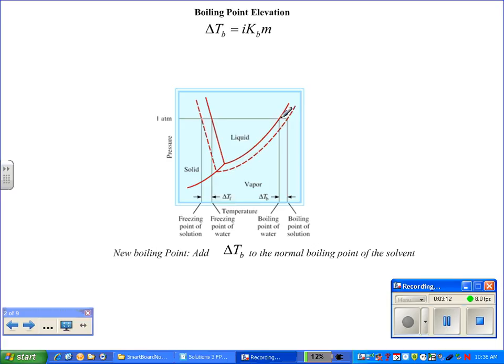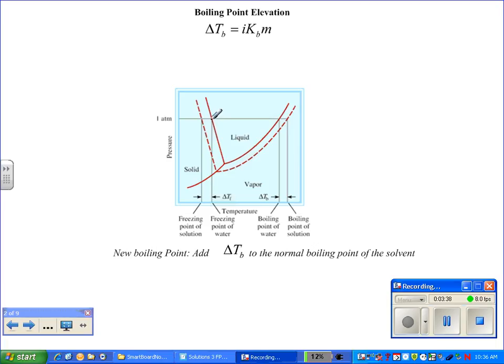What we're seeing here, going from a liquid to a vapor, is the normal boiling point, which occurs at 1 atmosphere, and then the boiling point of the solution. And as you can see, the boiling point is elevated. This difference here is called the change in boiling point, or delta TB.